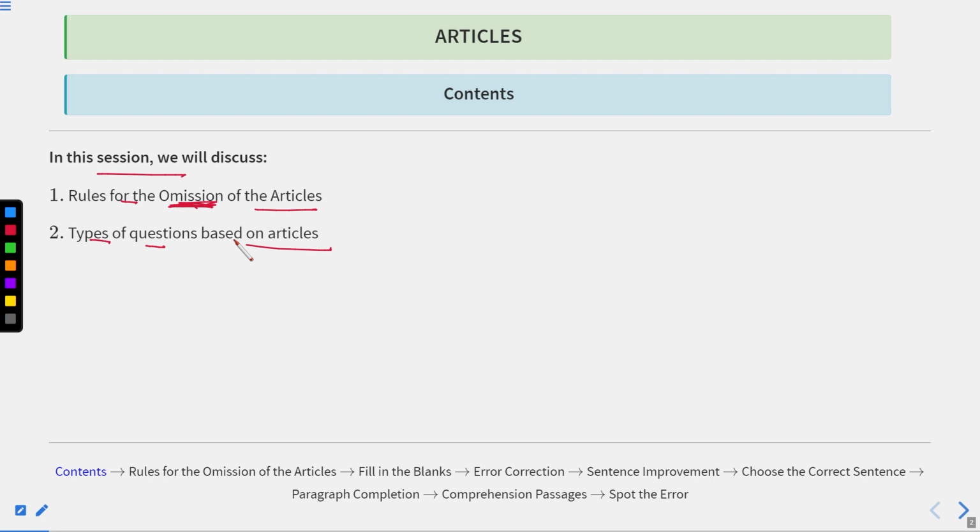We will discuss those as well. But first of all, we'll discuss the omission of articles, where articles cannot be used. So first we'll read the headings and then the examples, to see where to avoid using articles.